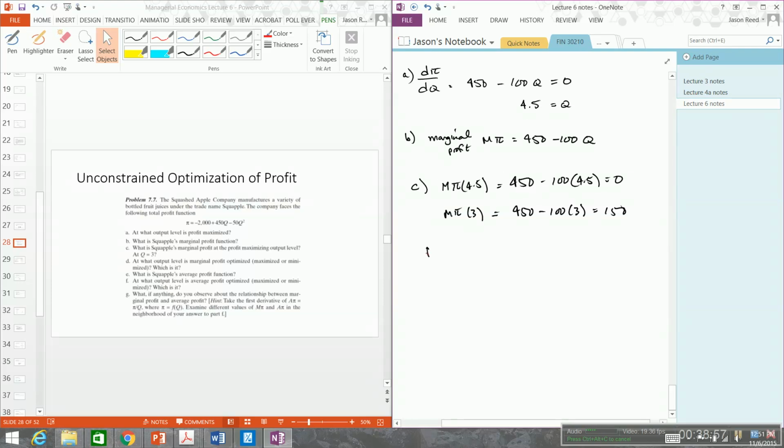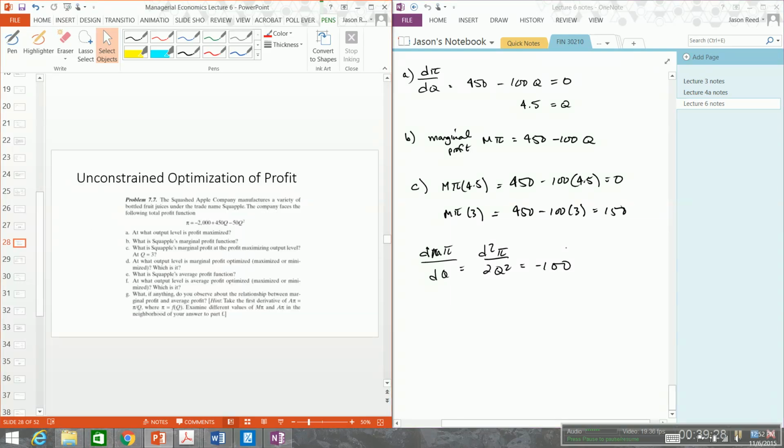We want to take the derivative of marginal profit with respect to quantity, which is equal to the second derivative of our profit equation. And so we have negative 100. So negative 100 is essentially our output level where profit is maximized. Marginal profit is equal to 0.